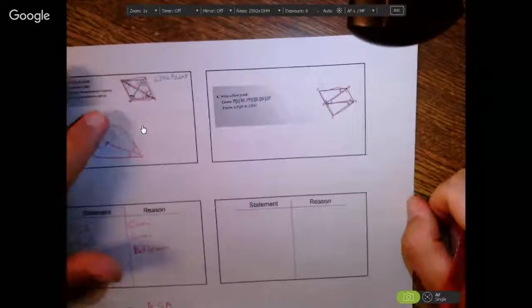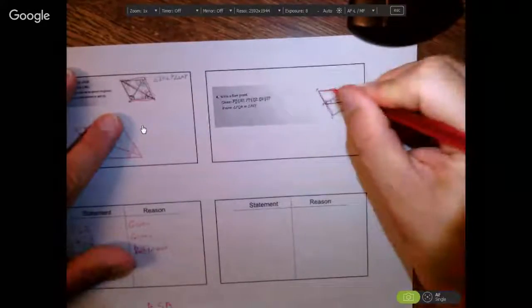So they gave us a bunch of parallel lines. They told us that PQ, which is here, is parallel to RS. When I do that, that means what angles are congruent. Now careful. It's true that 2 and 4 are congruent.